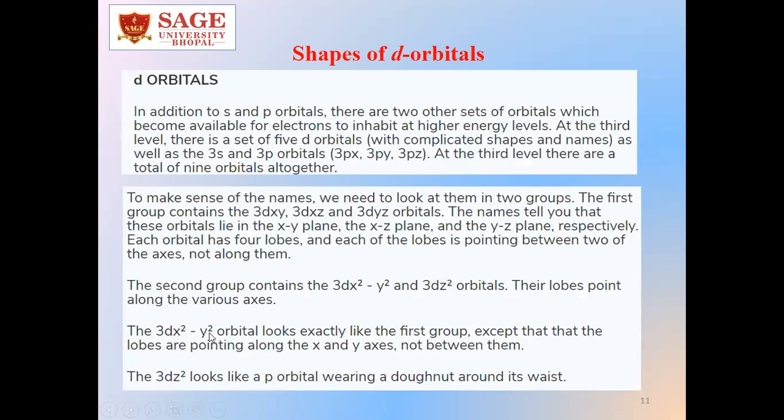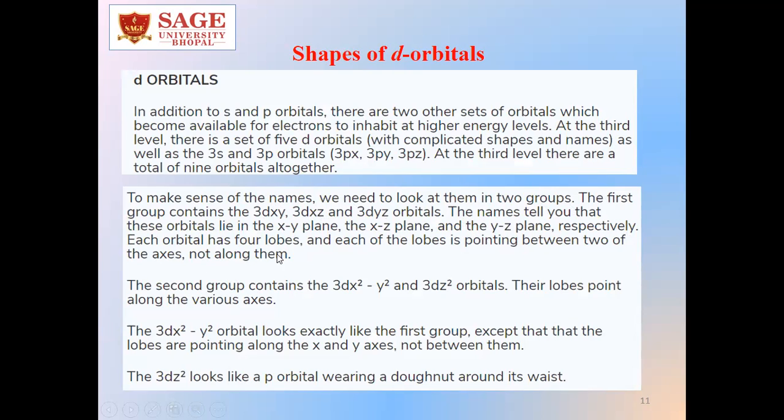Now, for d orbitals, to make sense of these names, we need to look at them in two groups. The first group contains dxy, dxz, and dyz orbitals. The names tell you that these orbitals lie in the xy plane, so dxy lies in the xy plane, dxz lies in the xz plane, and dyz lies in the yz plane, respectively.